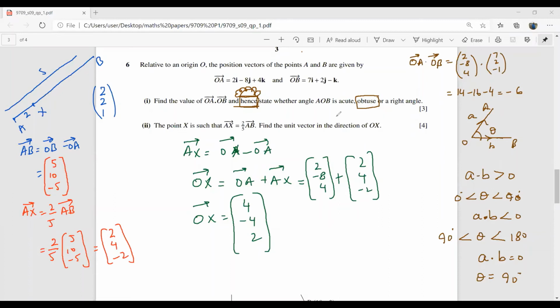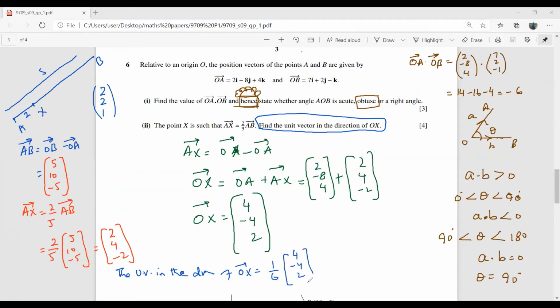It says the unit vector in the direction of OX. The unit vector is basically a vector divided by its magnitude. So we can say the unit vector in the direction of OX is 1 over 6 into 4, minus 4, 2. You can leave your answer like this. If you want to simplify it, you can write it like this.